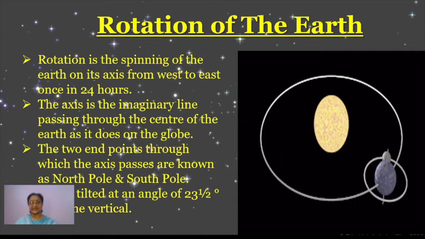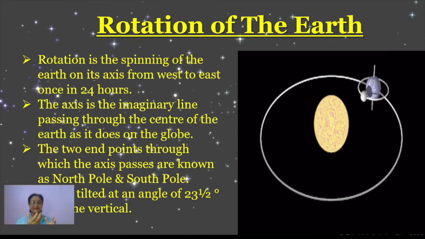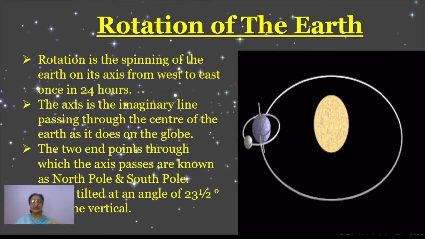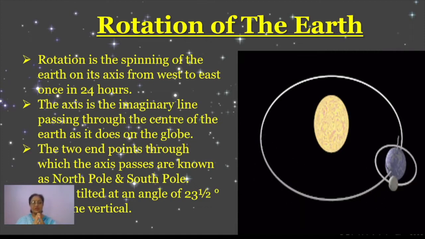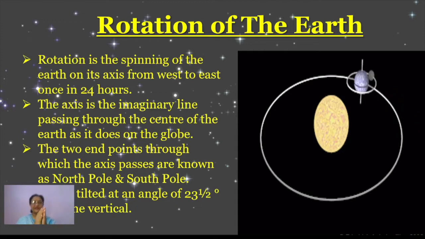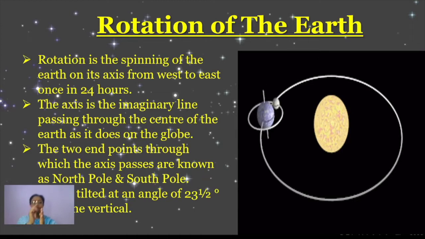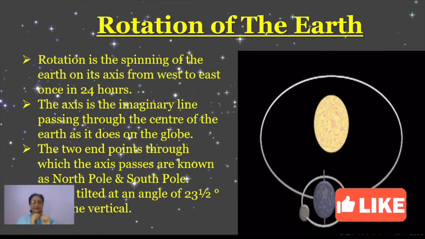And this axis on which the Earth rotates is tilted at an angle of 23.5 degrees from the vertical. That means when we take a straight vertical line, the axis is a little bit tilted from it. And how much is it tilted? It forms 23.5 degrees from the vertical.